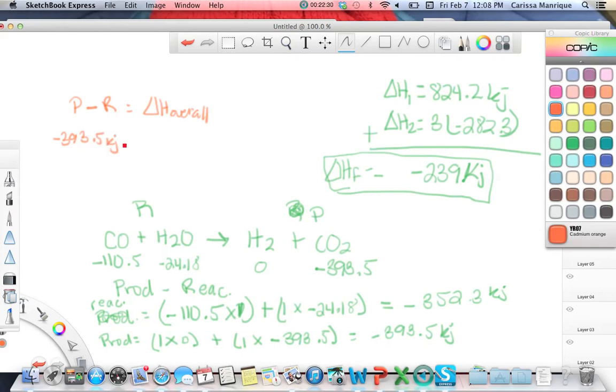Our reactants, it says products minus, and it takes negative 352.3 kilojoules. So negative 393.5 minus a negative 352.3, remember to put that extra negative into your calculator, you will get negative 41.2 kilojoules of energy. So this reaction needs 41.2 kilojoules of energy to occur.